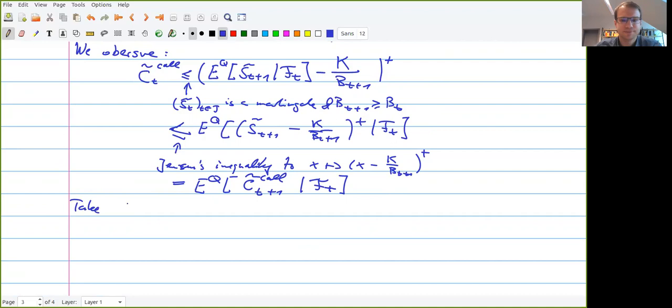Take a stopping time tau, and of course we want an exercise strategy, so we take a stopping time which is less or equal than T. We can apply our Doob's optional stopping theorem.